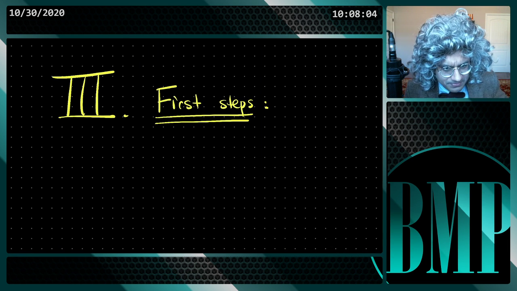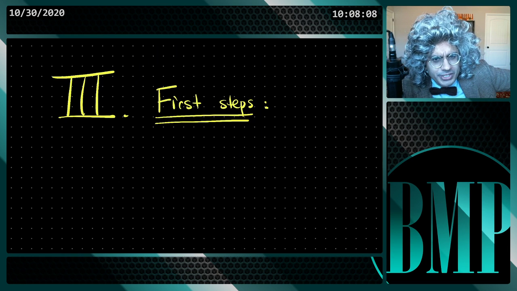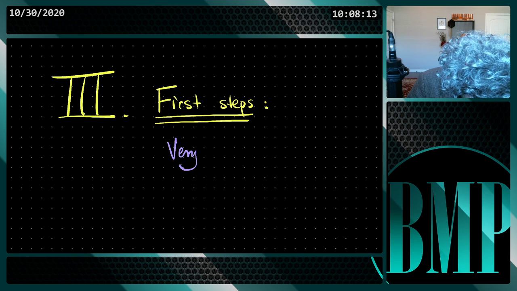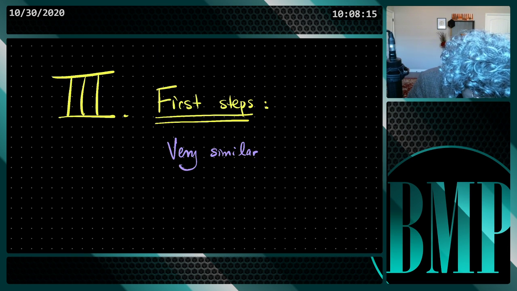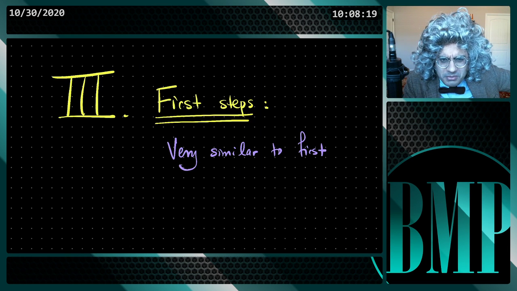So first steps. First things you try to prove are like the similar first steps in group theory. I think I called them baby theorems back then.